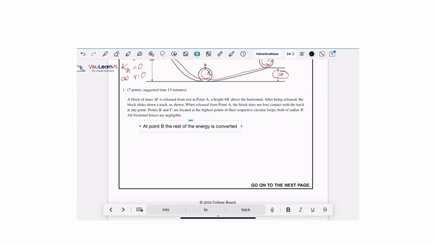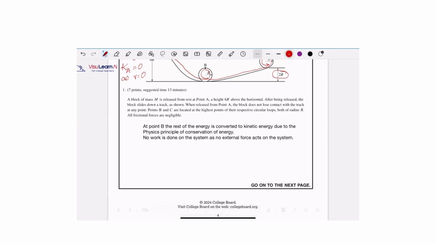So at point B, the rest of the energy is converted into kinetic energy due to the conservation of energy. And we will also note here that no work is done on the system and no external force is applied to the system.